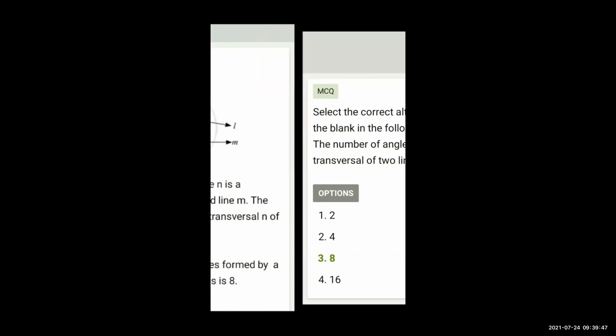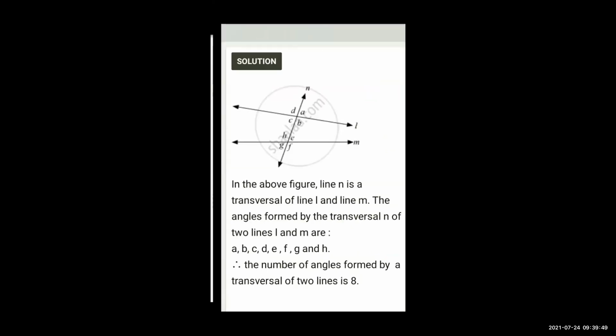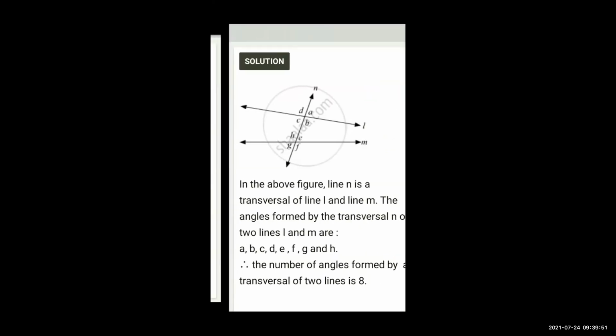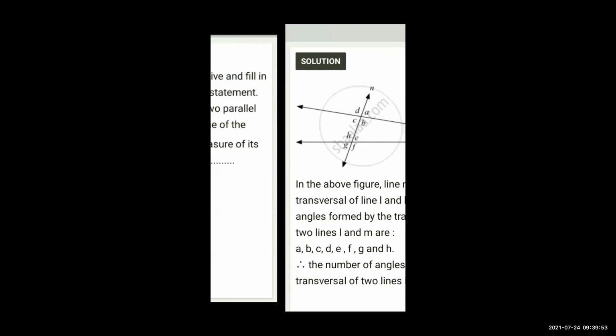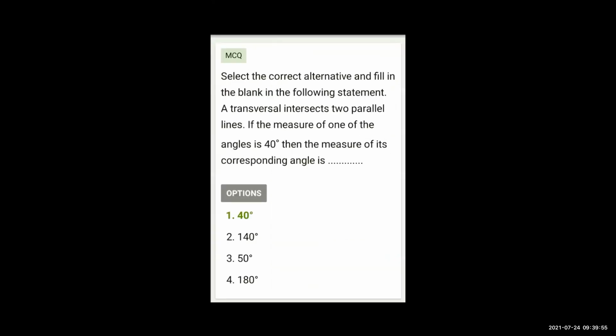Okay, now third MCQ, that is a transversal intersects 2 parallel lines. If the measure of one of the angle is 40 degree, then the measure of its corresponding angle is.